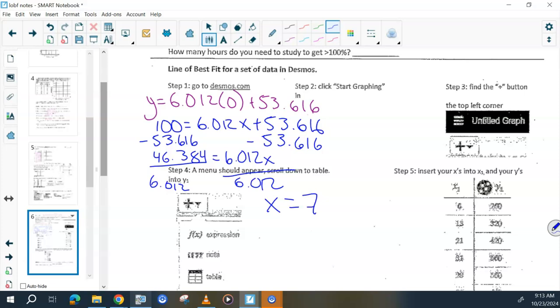One more time. 7.671. Okay, so that's a very specific answer. It's pretty accurate because we have multiple decimals. The fewer decimals you have, the less accurate it becomes. So use more decimals because then your answer will be more accurate.